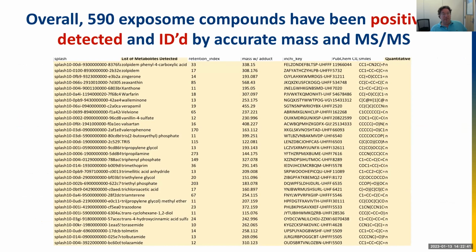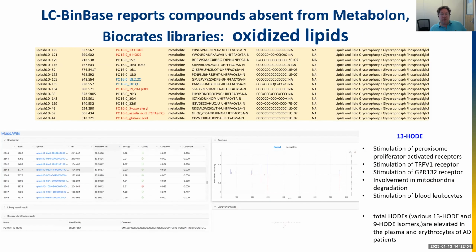Overall, we have detected and positively identified over 590 exposome compounds so far. Many of them I've shown to you, and the LC-bin base is ready to go. In addition, of course, we find compounds like oxidized lipids that are absent from libraries, for example, from Metabolon and Biocritus.